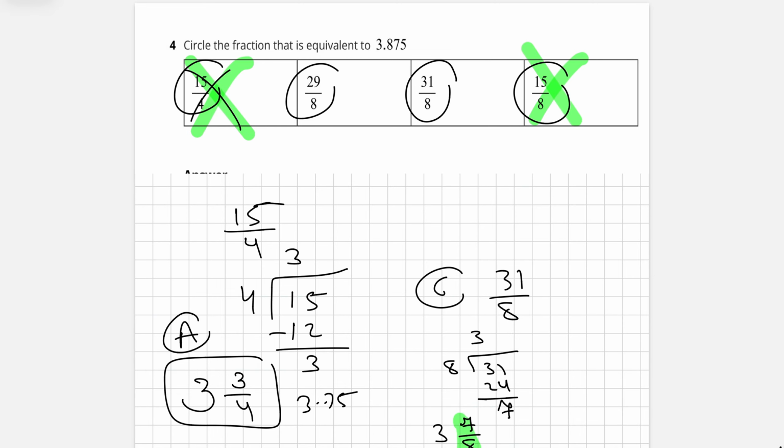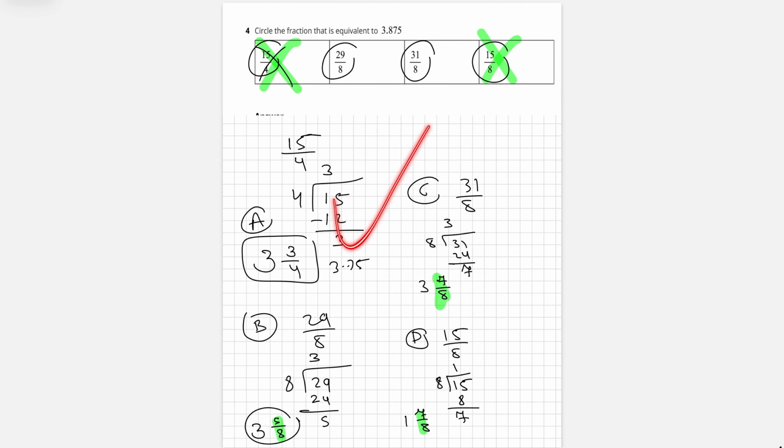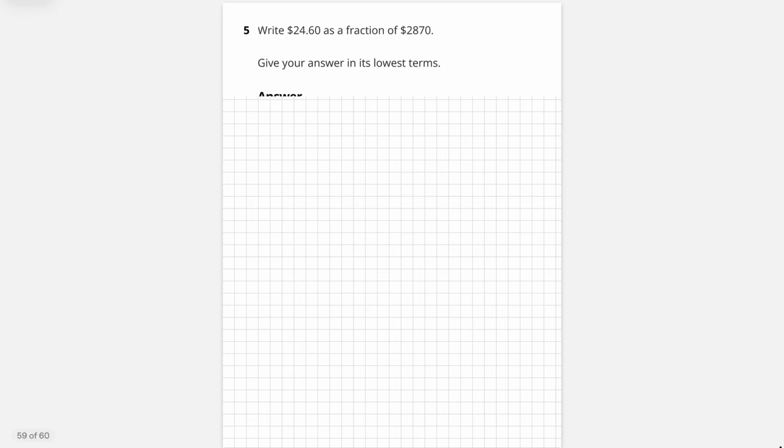So the answer is 31 over 8. This is the equivalent one. You have other methods too: you can show this as a fraction and then simplify it. I prefer this method. Okay, guys, let's go to the next.